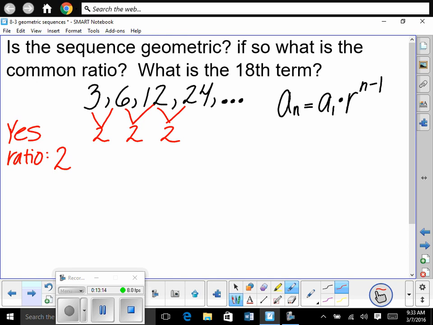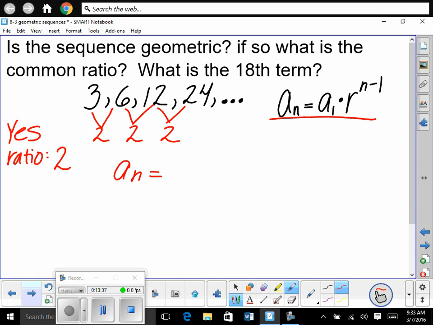Now it says, what's the 18th term? We don't want to have to go through and find 18 terms of this. So let's quickly write an explicit formula, and then we can just plug in 18. We know that A sub n is equal to A sub 1.